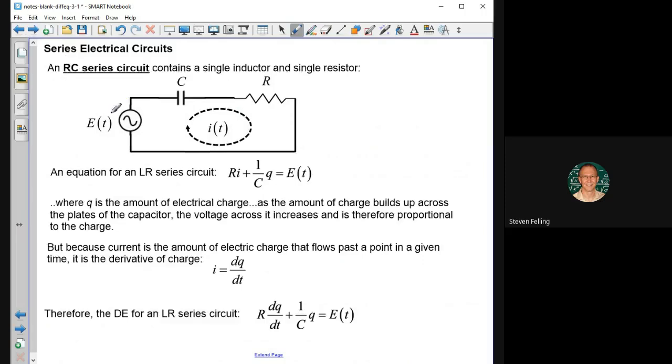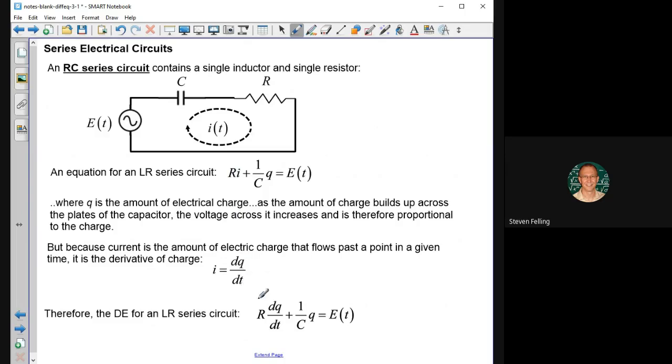And then there's another circuit that we can use. We can take that resistance and combine it with a capacitor in series. If we do that, it turns out that E is IR plus 1 over the capacitance times the charge being built up here. That's important: because current is the derivative of charge, how fast charge moves past a point, we replace this I with the derivative of charge with respect to t.